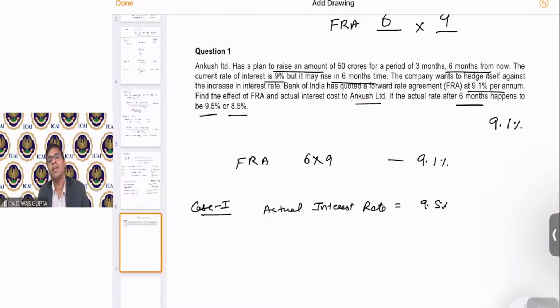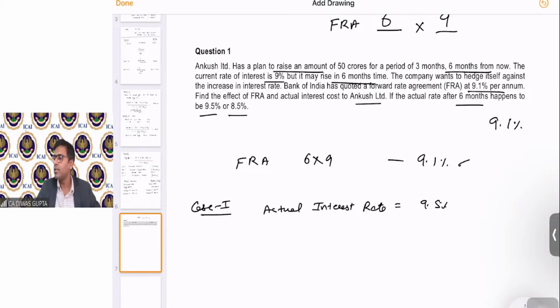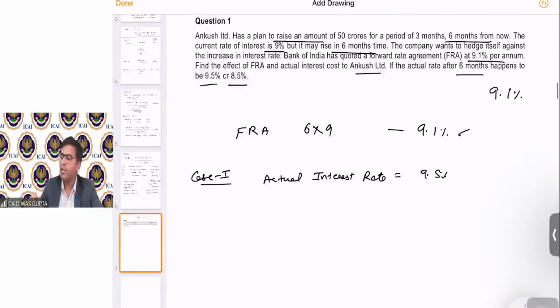If the actual interest rate is 9.5%, compared to 9.1, Ankush Limited will gain or lose? Yes, perfectly right. Very good. So, Ankush Limited will gain. We have to calculate the amount of gain.